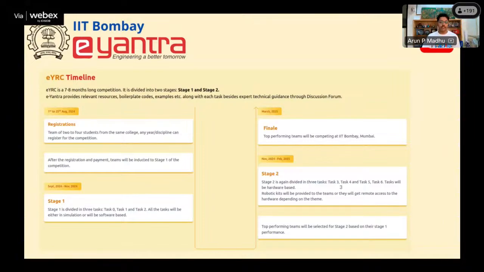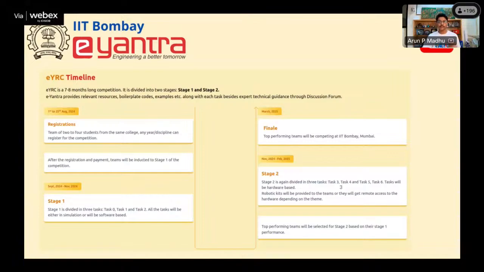The entire competition is divided into two stages. Stage one is the simulation part. Whatever the main goal of the competition is, you will first do it in simulation, and people who perform very well in the simulation will be selected for stage two, where we will ship you hardware free of cost, and you will work on hardware and do the same thing that you did in simulation.